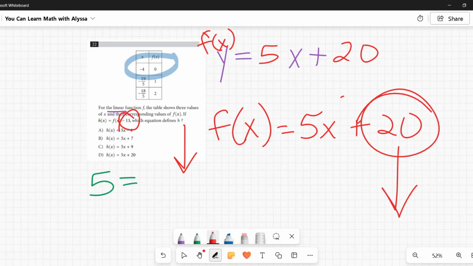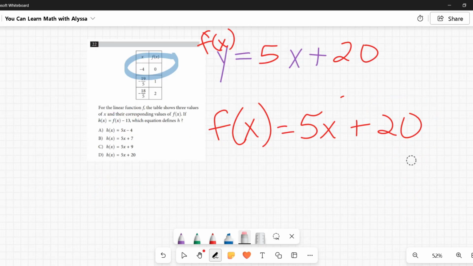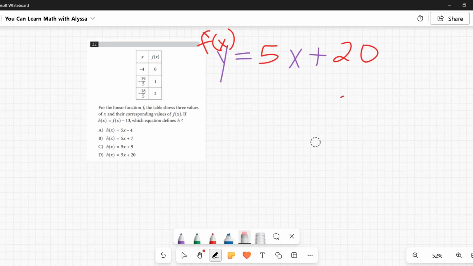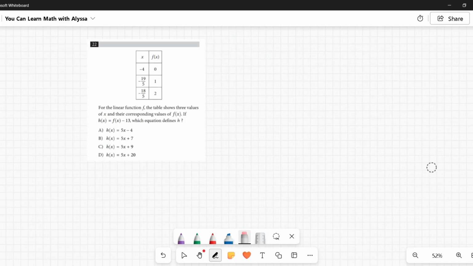If it goes down 13, the y-intercept would be 7, so it's 5x plus 7. If that didn't ring any bells, then I highly recommend looking into or doing a little bit about translating functions, because it's not needed for this particular problem necessarily. You can use it, but it's not absolutely necessary. However, there are problems on the SAT where it is necessary. So just a little SAT public service announcement.